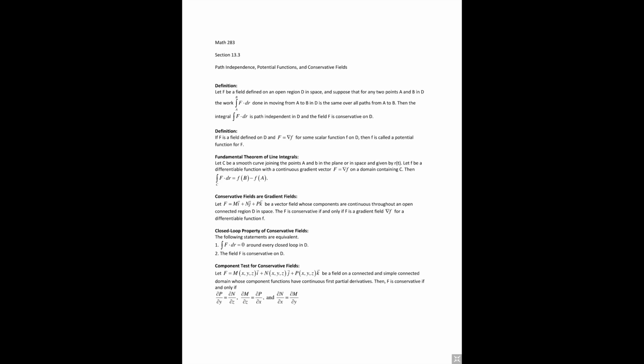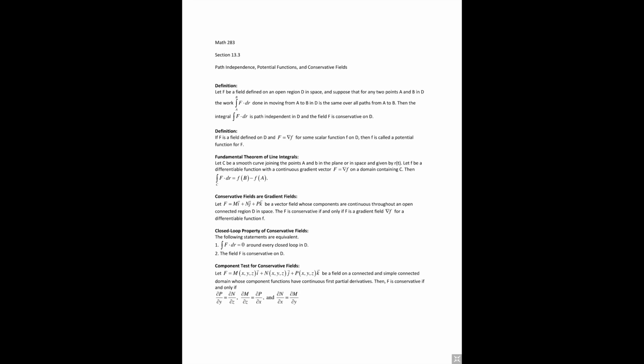All right, next, conservative fields are gradient fields. It says let F equal M in the i direction plus N in the j direction plus P in the k direction be a vector field whose components are continuous throughout an open connected region D in space.